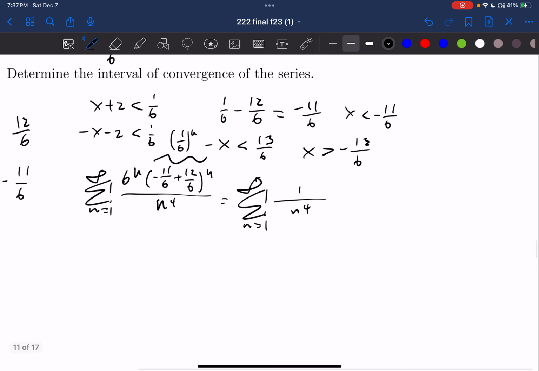So here, we know this will converge because of a p-series. It converges, p series, p is equal to 4.